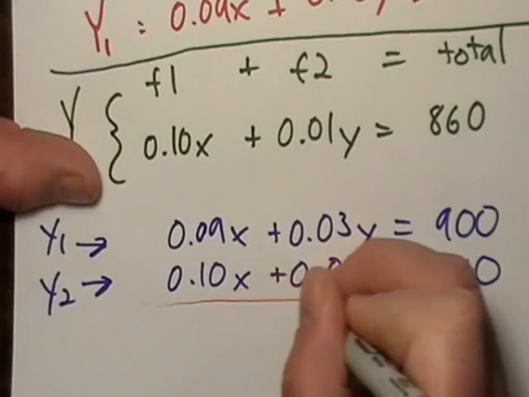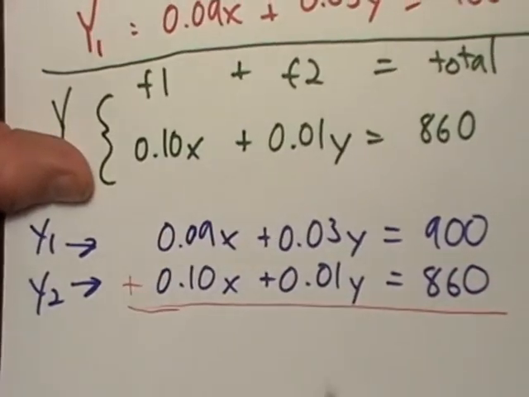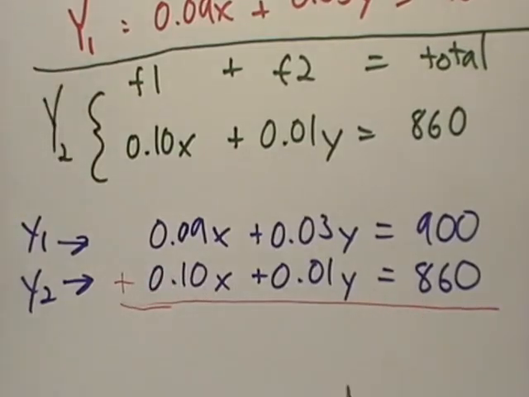So let's draw a line under here and put a plus sign there. What if we were to add these together? We'd end up with 0.19x, 0.04y, and about $1,760.